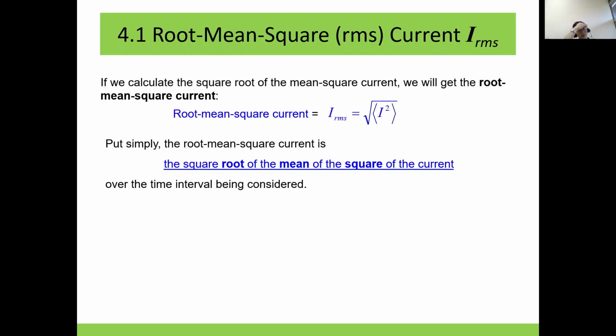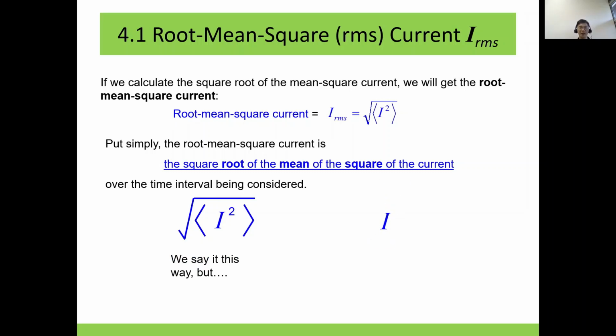So back to what I was saying, here I need to explain a little bit about this root mean square current. When you say it out in English, the name is root mean square current. But mathematically, you actually do it the other way around.